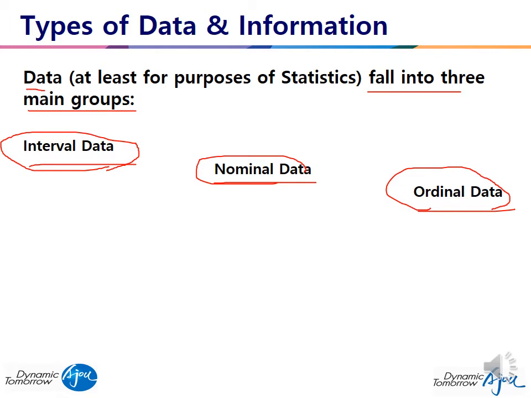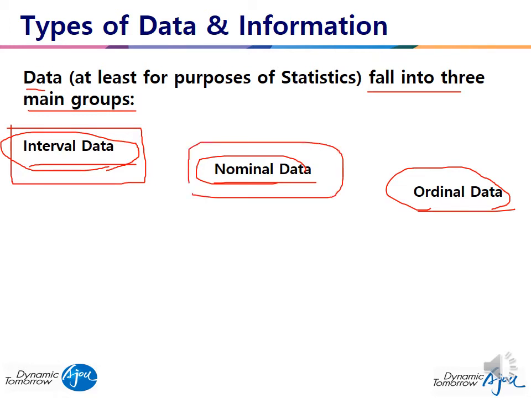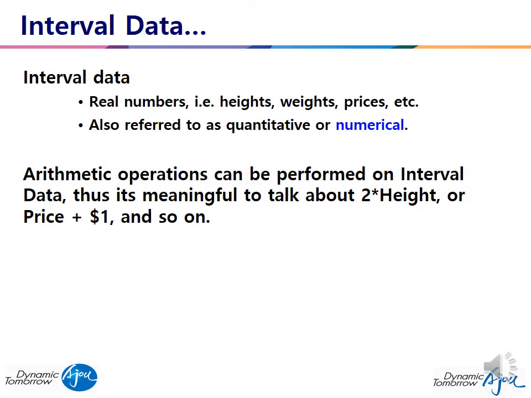In our class, we generally use interval data a lot. But you should know the definitions of nominal data and ordinal data. First, interval data. Interval data is real numbers.